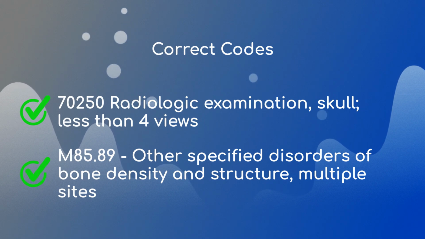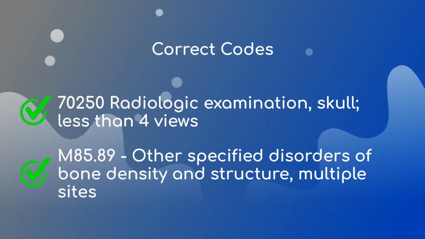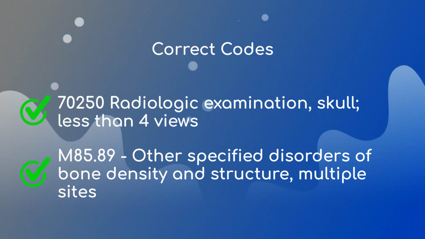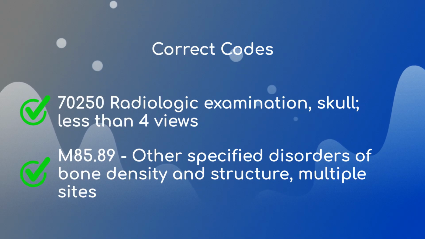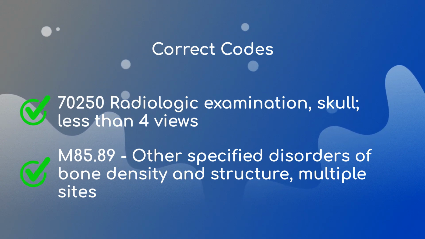If the radiologist specifically states this is idiopathic calvarial thinning and there is no known underlying cause or associated syndrome, then M85.89 is most appropriate. If the thinning was linked to another diagnosis, like metabolic bone disease or trauma, you'd code that underlying condition instead.